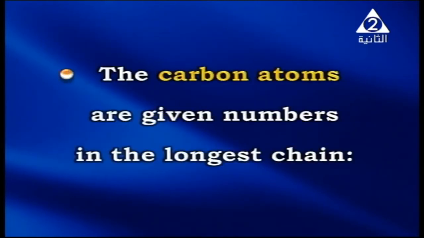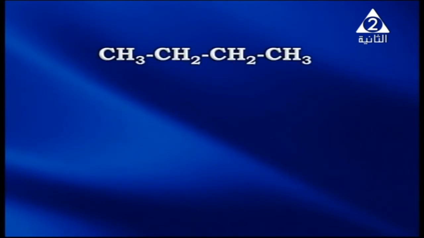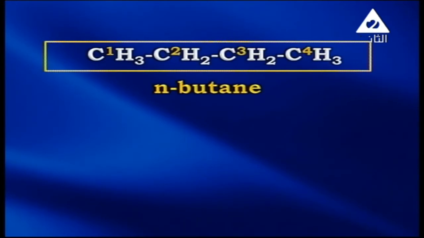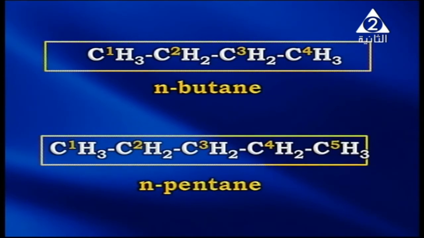The carbon atoms are given numbers in the longest chain, and if the longest alkane chain is free from any branches or side chain, the carbon atoms are given numbers from any side, left or right. As shown on the screen, it will be normal butane, and another example, it will be normal pentane.